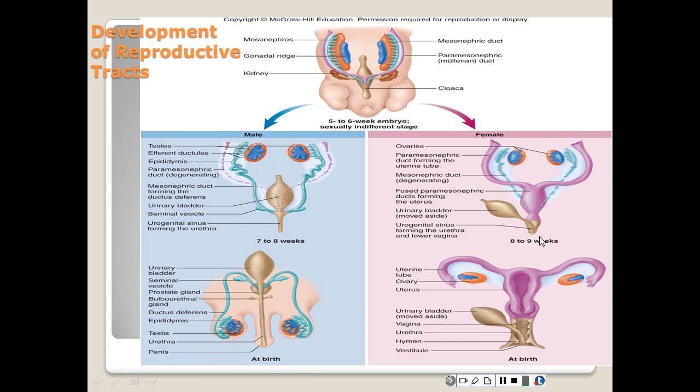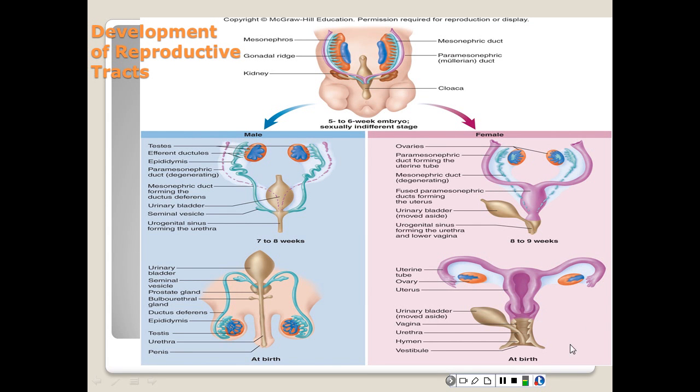But in females, at 8 to 9 weeks, the opposite occurs. The paramesonephric ducts remain, and they're the ones that are going to form the reproductive tract, and the mesonephric disappears. See it disappearing here in that diagram.